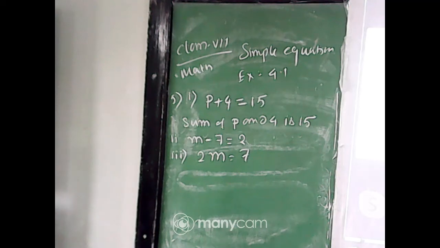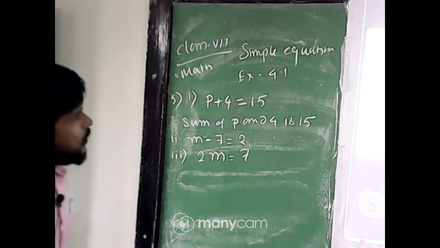Quick. Yes, 2 multiplied by m, the result is 7. Yes, Suman, you can write twice of m is 7. Yes, this is the simplest form.